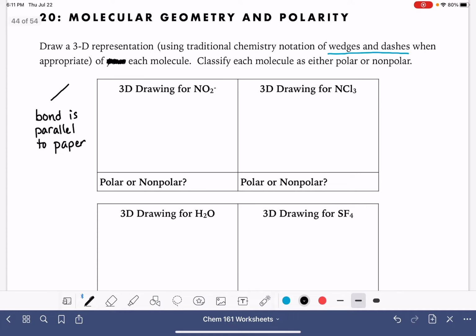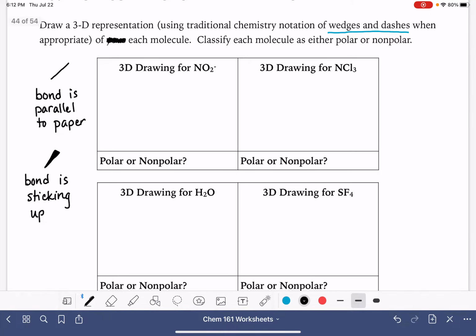parallel to the desk, laying flat. And any bonds that are sticking up out of the paper, we draw them in what we call a wedge format. So this would be a bond that is sticking up. If you imagine this molecule sitting on your paper, this bond is going to be sticking up at you. And then we also want to think about the potential that bonds would be sticking down.